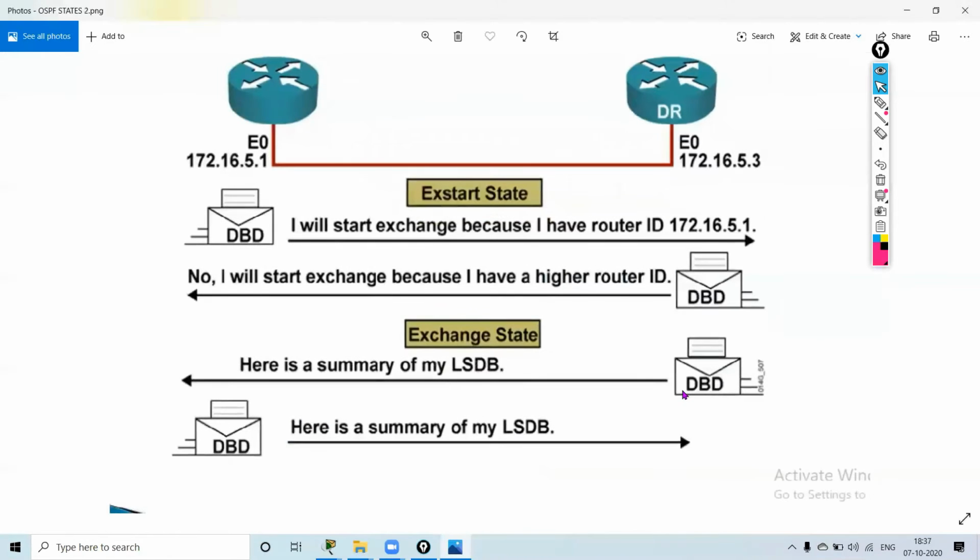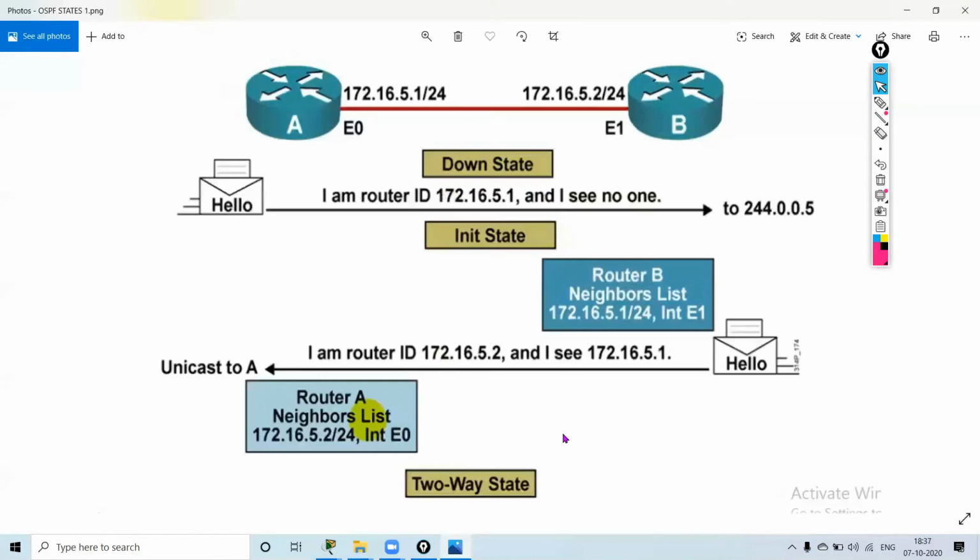Where the DBD is exchanged is in the exchange state. Here is my LSDB, link state database. Here is my LSDB, link state database. So if my process is stopped at two-way state, how will my router share the LSDB? Understood?